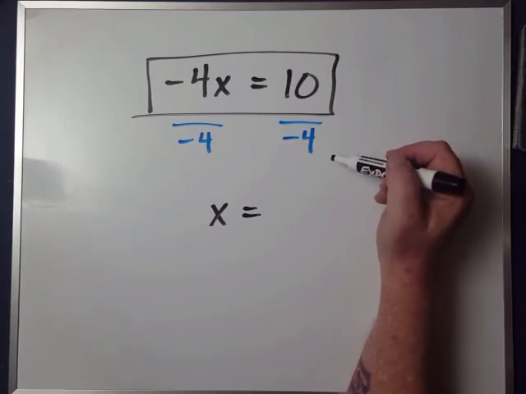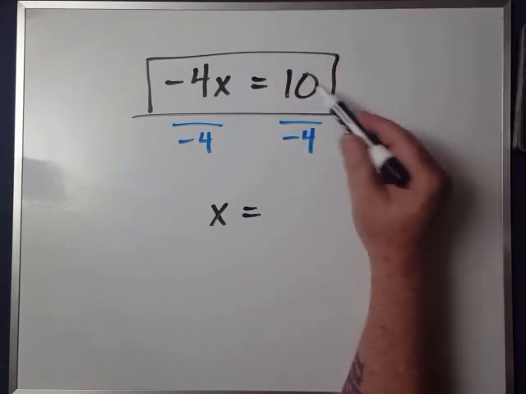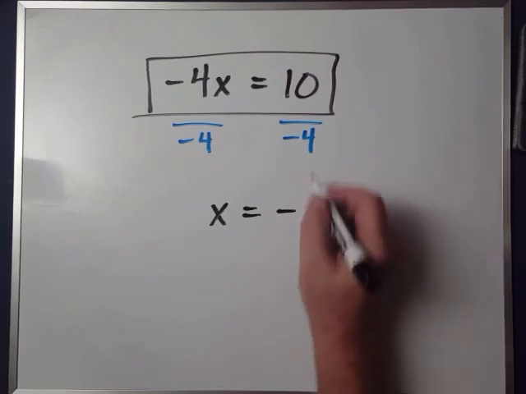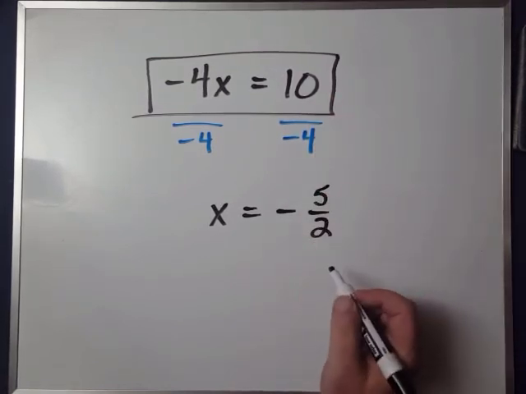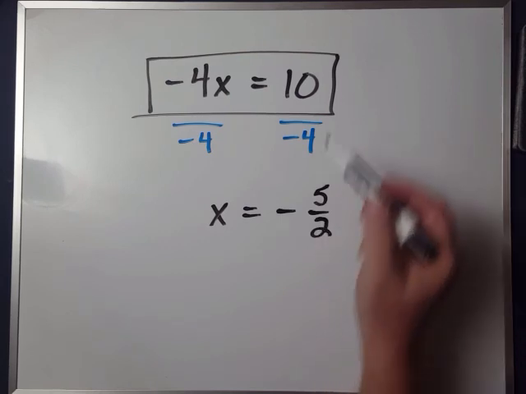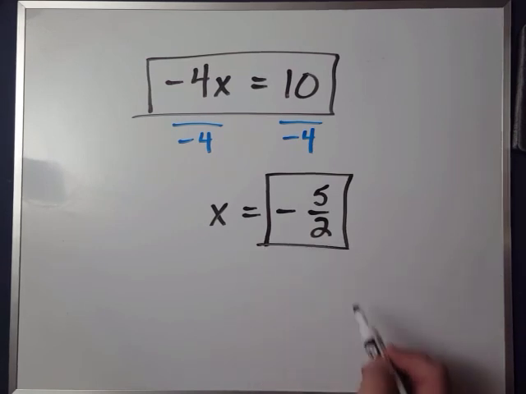It does not divide out evenly, so what am I responsible for doing? Reducing this fraction to lowest terms. Positive divided by a negative is negative. 10/4 reduces to 5/2. So when I ask you the question, what is 10 divided by -4? You'll say, oh, that's -5/2. That's all we're after there.